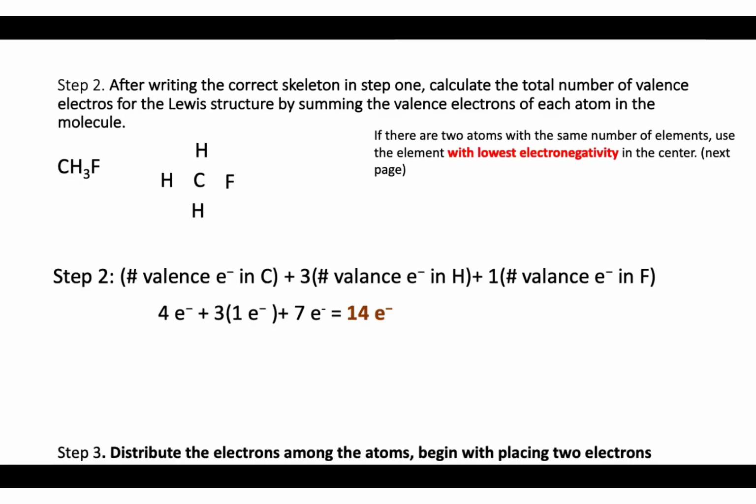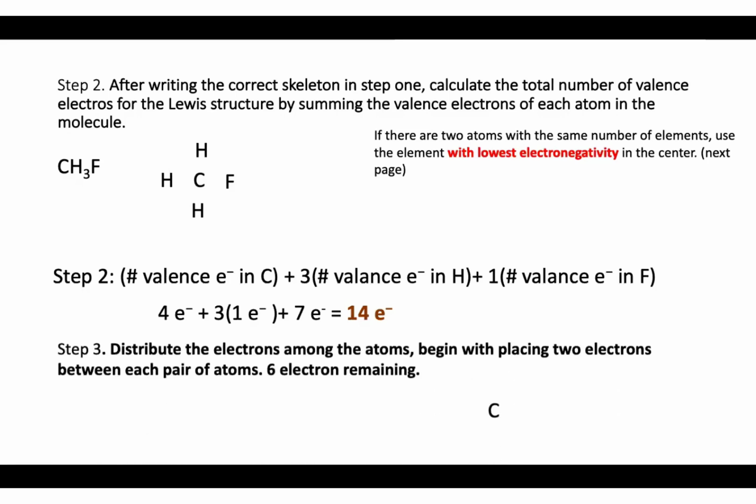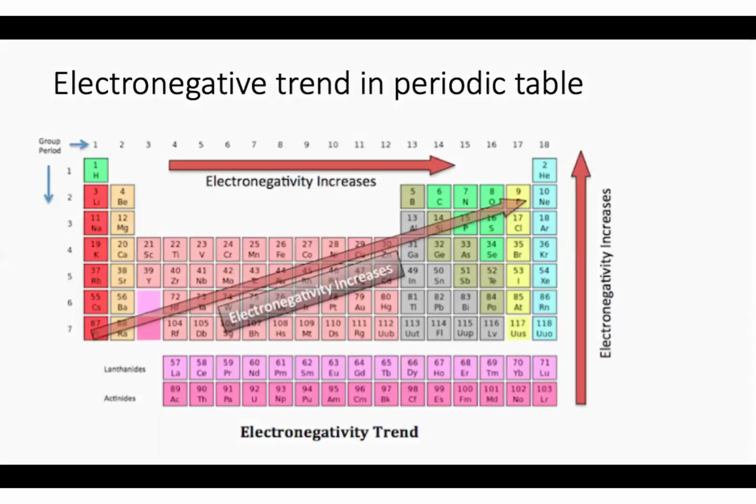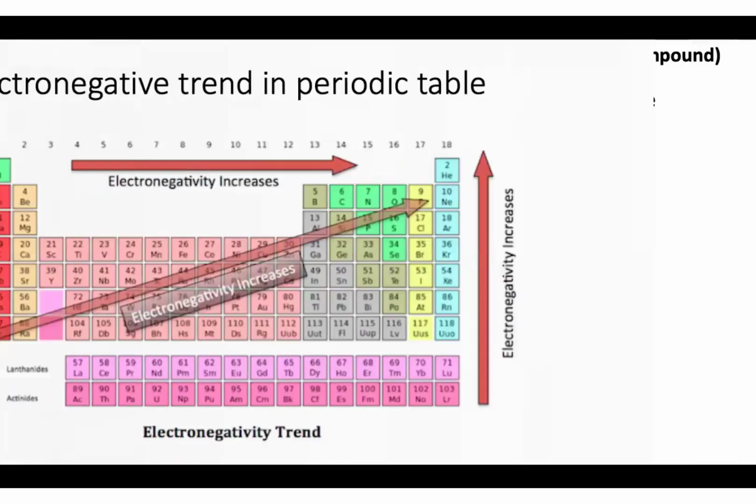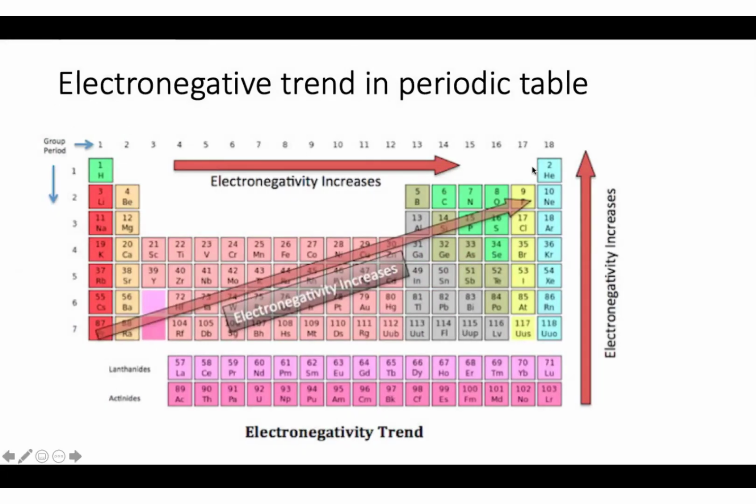So let's see how the electronegativity goes in the periodic table. In the periodic table, from left to right, electronegativity increases, and from bottom to top, electronegativity increases.